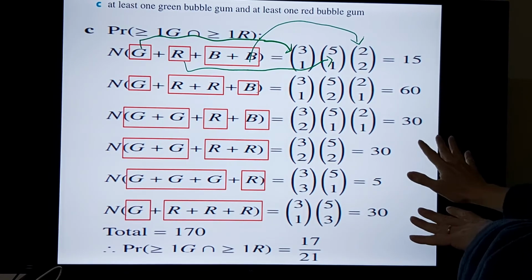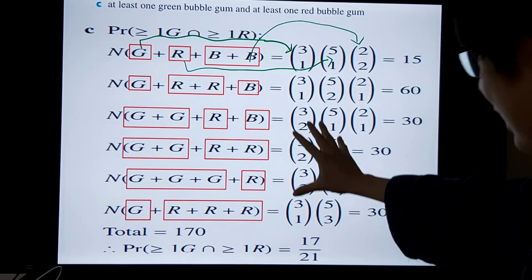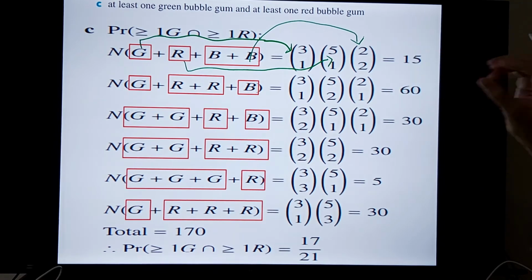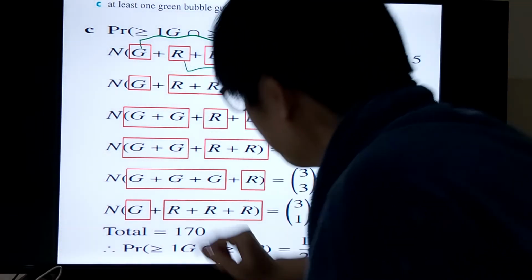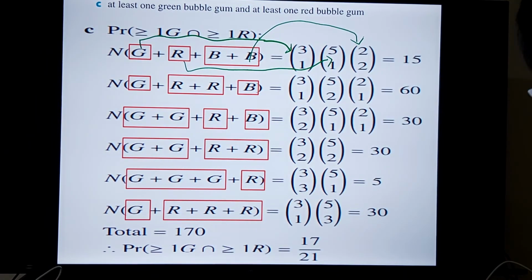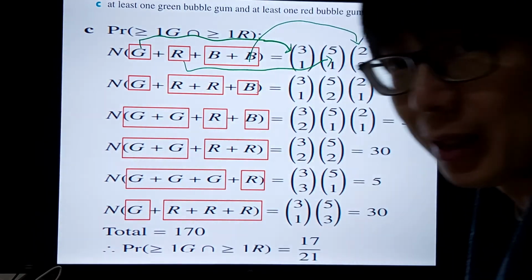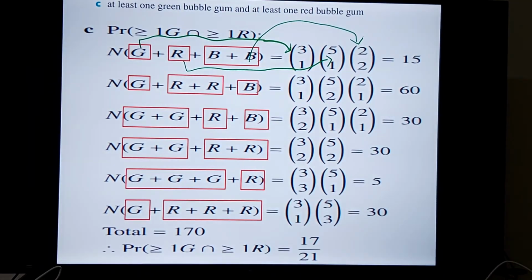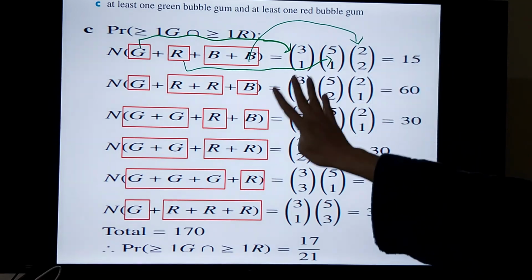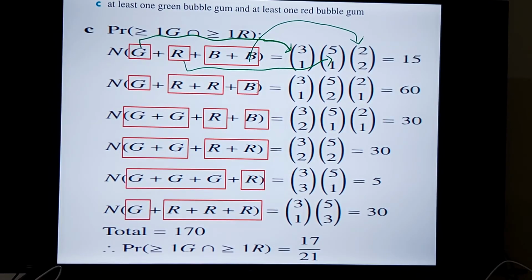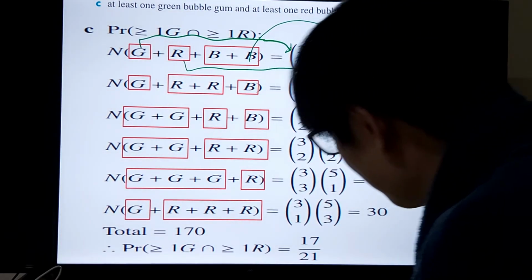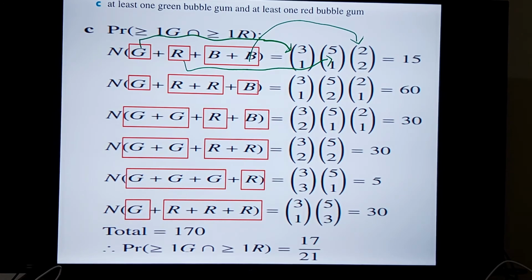Okay, the rest is the same. Then from this you can find out the total number of possibilities will be 170. Then what is the probability? You divide by 210. 210 is the total number of possibilities when you choose 4 from 10. So the probability is 17 over 21.